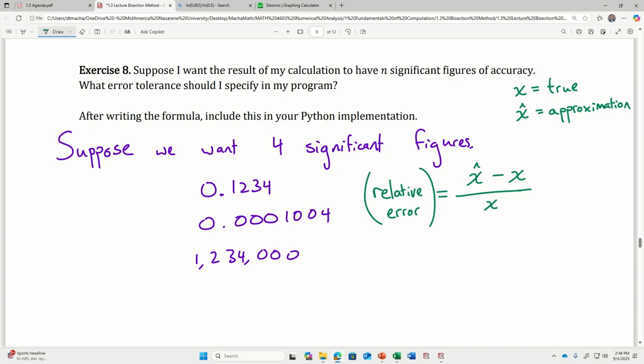So ideally, my relative error is 0, right? When I close up that gap between my approximation and the true value. But it's not. So let me write it like this. The relative error is going to be x hat divided by x minus 1. That's just another way of rewriting this. And of course, we're talking about absolute values here.